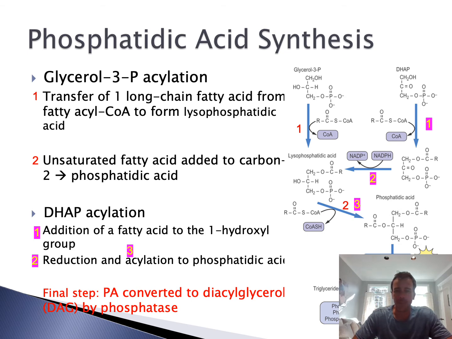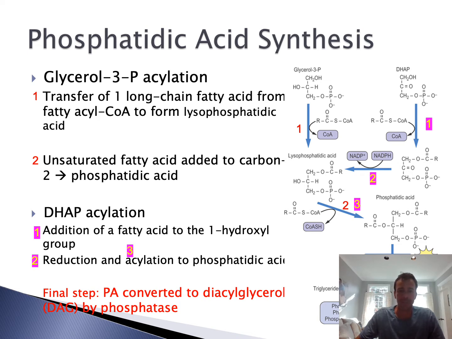To get a little bit deeper into phosphatidic acid synthesis, the main steps are shown here. You can have two different versions of the synthesis. You can do it through glycerol 3-phosphate acylation, and that's shown by this pathway here.